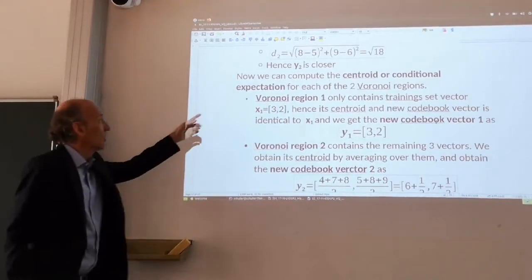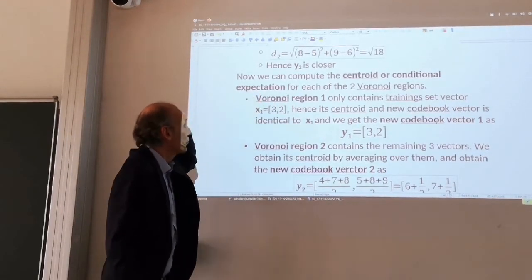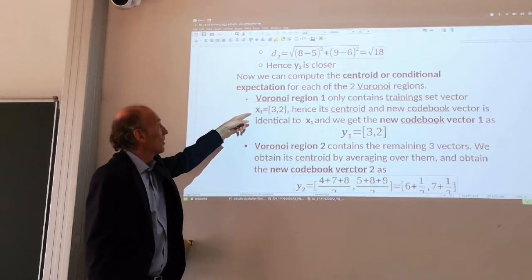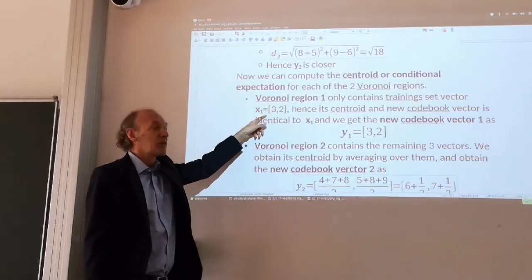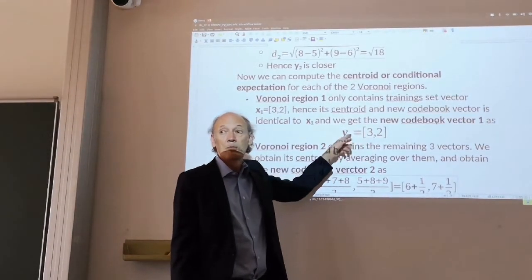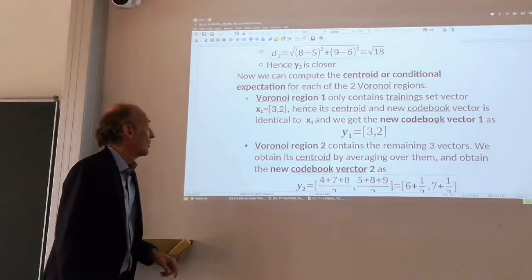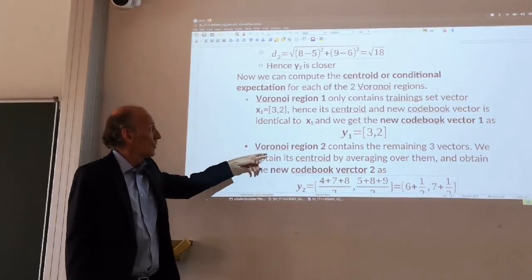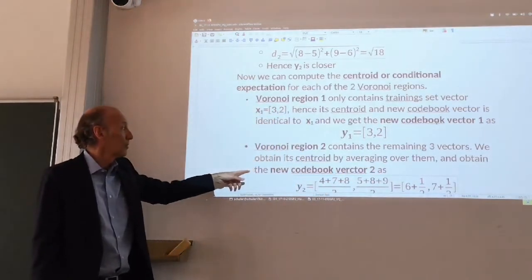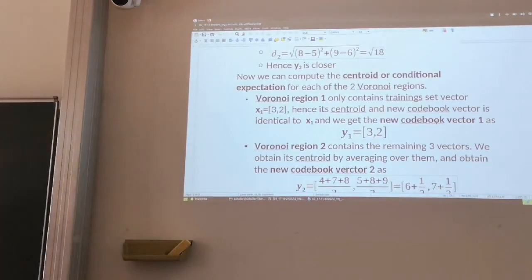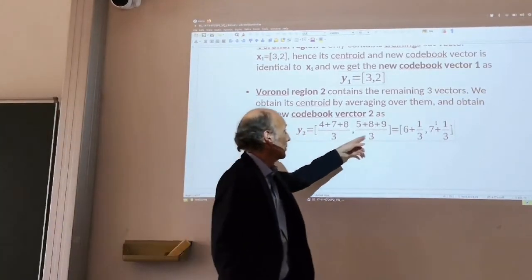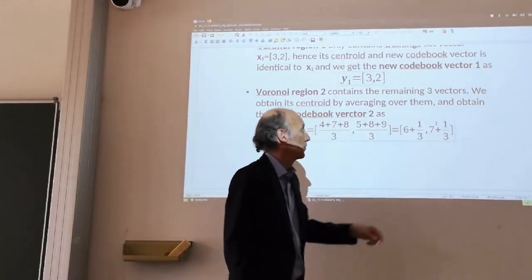So now we can compute the centroid or conditional expectation for each of the two Voronoi regions. Voronoi region 1 only contains training set vector x1. The centroid is x1, and that means y1 becomes x1. This is what we just saw. For Voronoi region 2, we have the remaining three vectors, and we obtain the centroid by averaging over them, and obtain code vector 2 as this average. So we get 6 plus 1/3 and 7 plus 1/3.